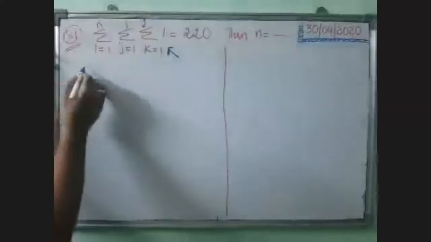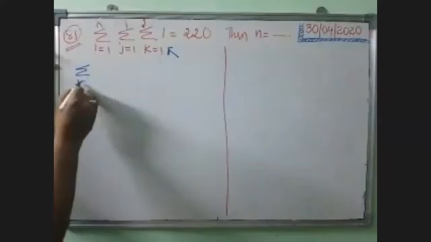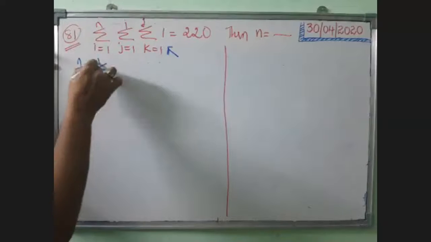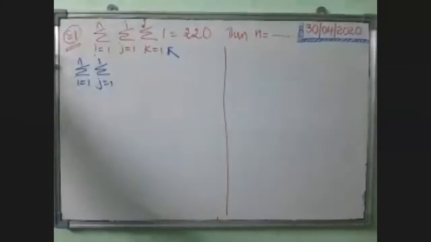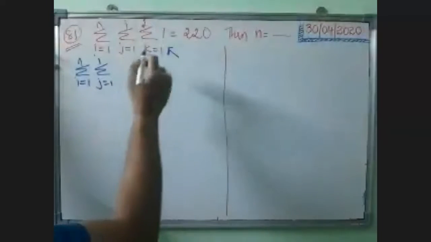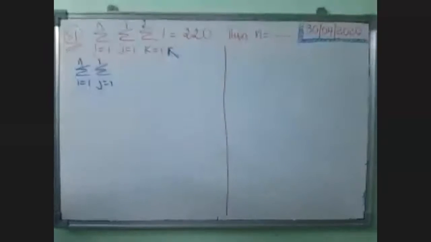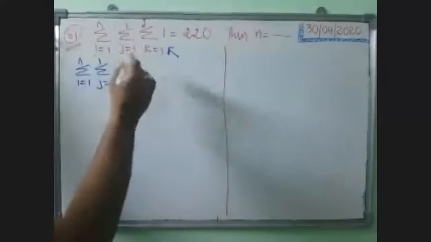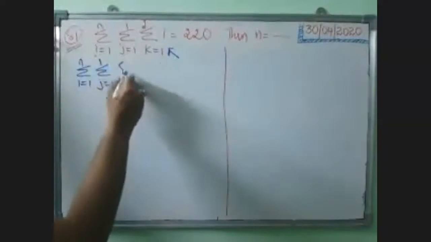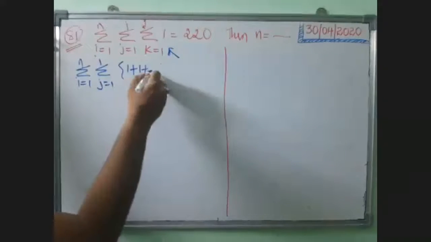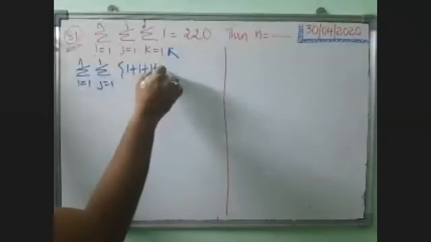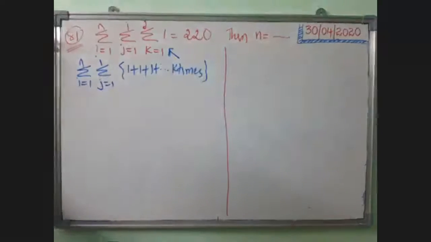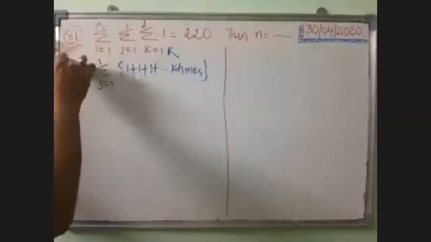So if you start doing this, you get sigma i equal to 1 to n, sigma j equal to 1 to i, sigma k equal to 1 to j of k power 0, right? k power 0 is nothing but 1. If I go on substituting, I get 1 plus 1 plus 1 plus 1 up to k times. I am solving only the LHS now.